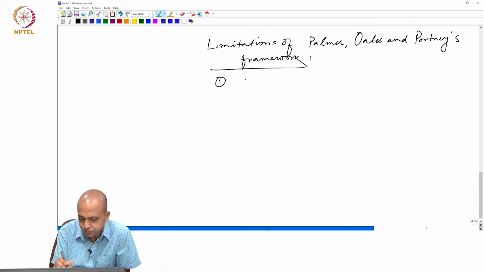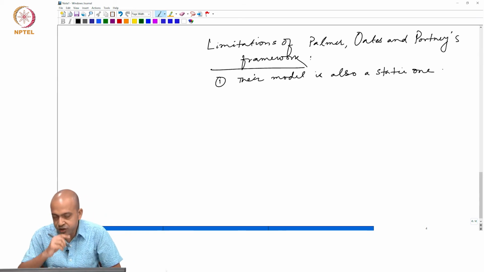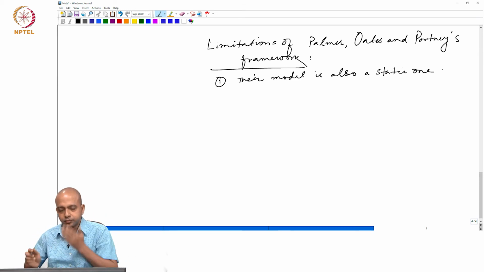Firstly, their model is also a static one. Why is this a static one?